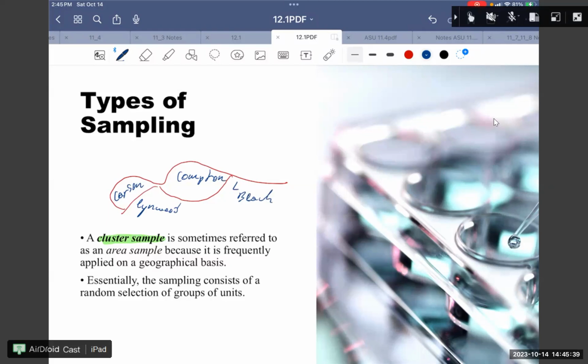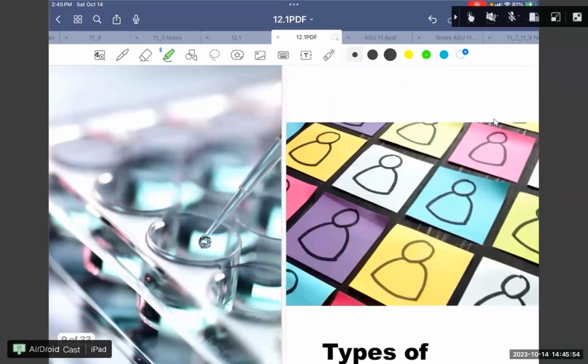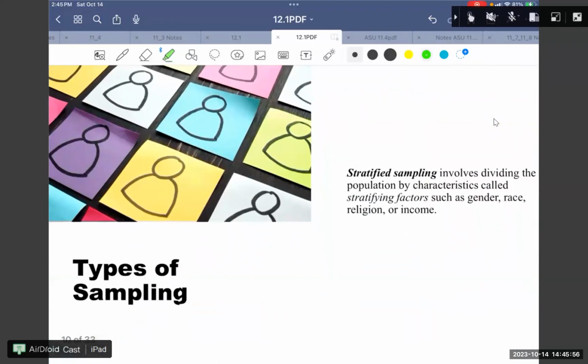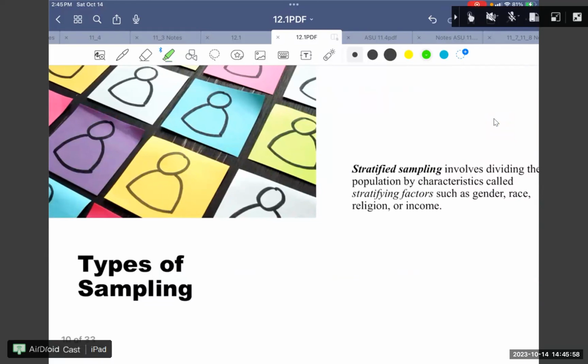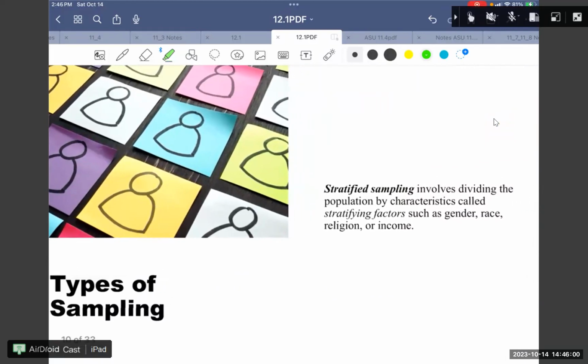For the cluster, I can choose one out of these, like Lynwood or Long Beach. So I can pick one of them. This is another type of sampling.